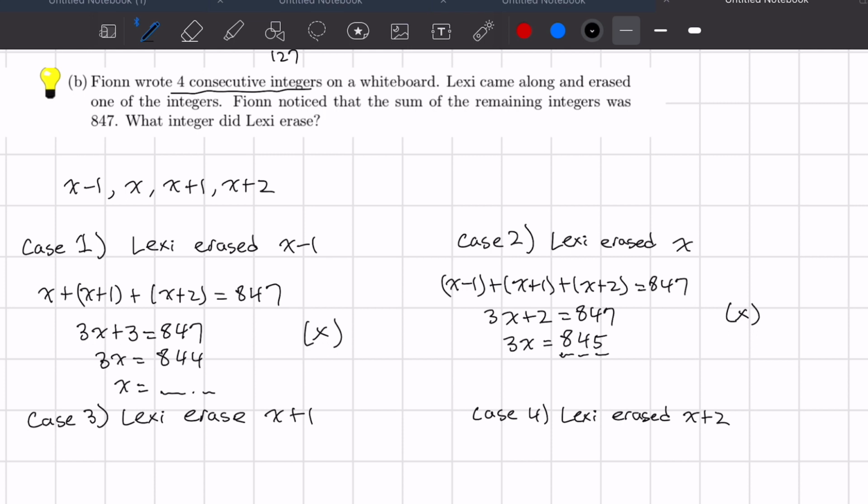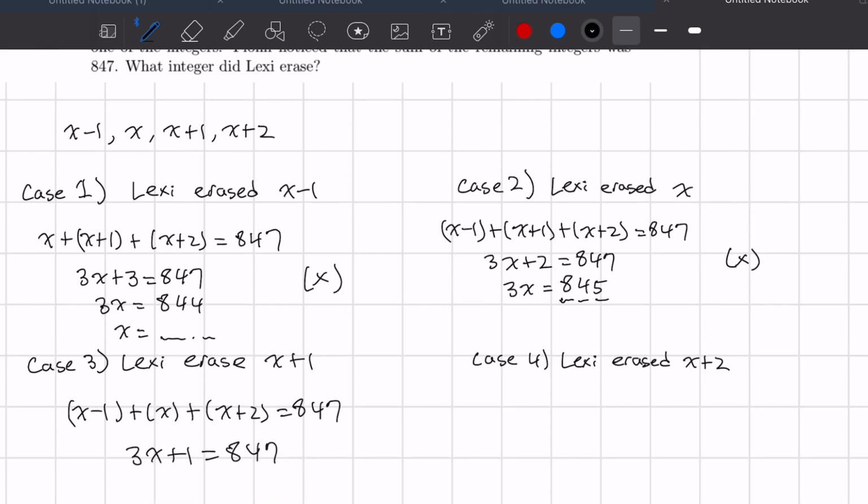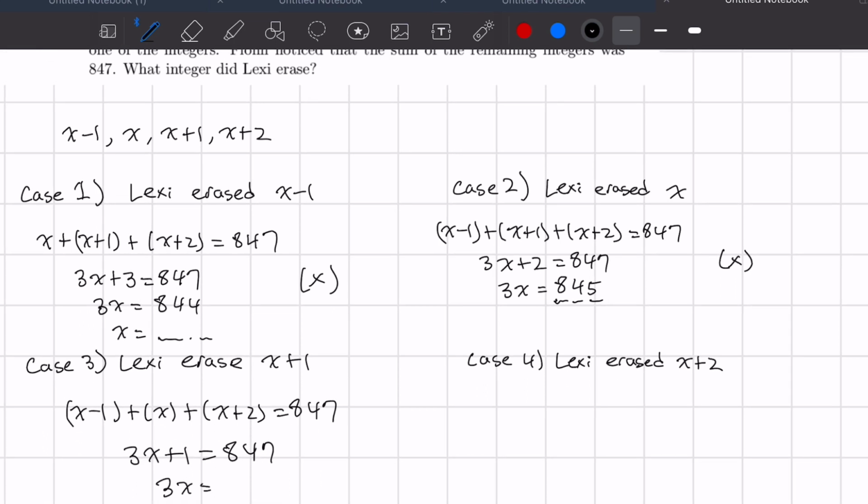If Lexi erases x plus 1, then the remaining integers, x minus 1 plus x plus 2, should equal 847. 3x plus 1 equals 847, and 3x equals 846.